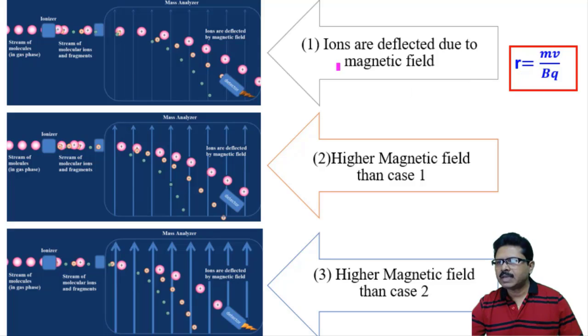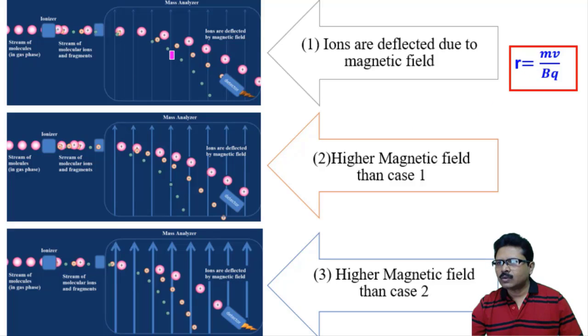So for higher mass, r is higher. R is higher means say this path. So higher r means less deflection. So which particles are having less deflection? The higher mass. Means the particles having heavier mass will have less deflection, and for lighter mass the r will be less.